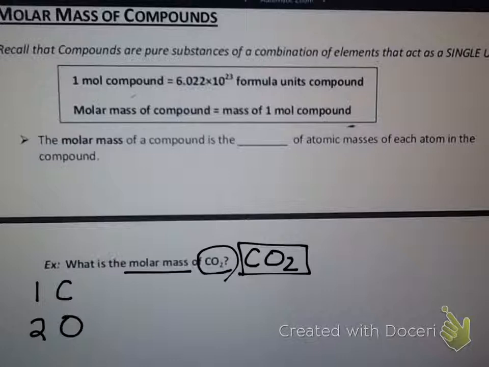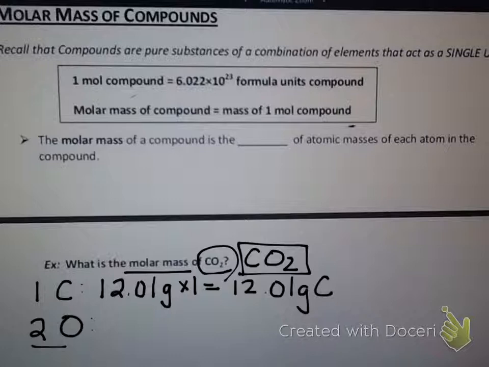So what we're going to do is sum up the moles of each atom. Here we have 1 mole of carbon atoms. We know that a mole of carbon weighs 12.01 grams. We have 1 carbon atom, so the total weight of carbon in our sample is 12.01 grams.